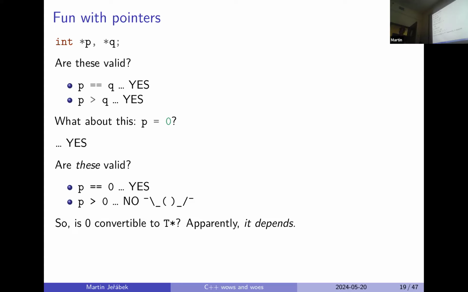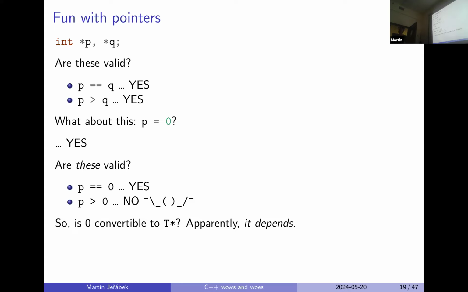Actually, do you mean the illegalness of this expression can be at the syntactic level or at runtime, so to say? Because even if you used a static cast, int star of 0, it would still be illegal, because ordering comparisons are only applicable to pointers belonging to the same array.